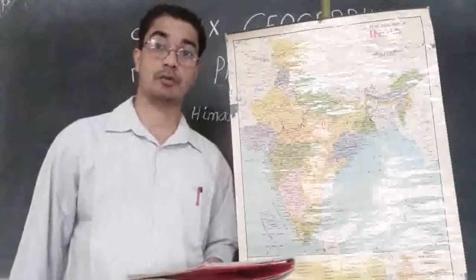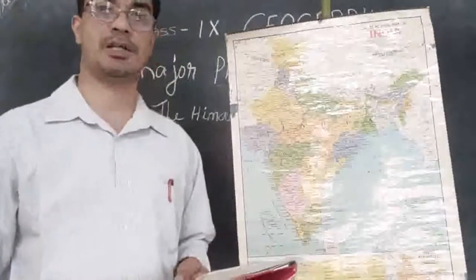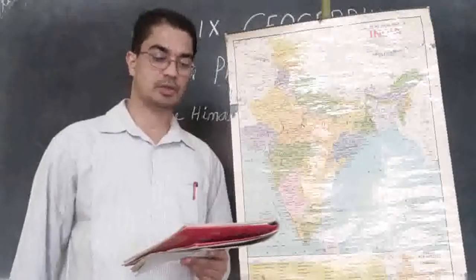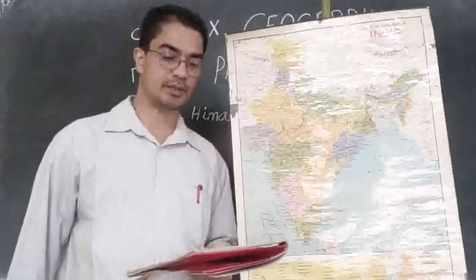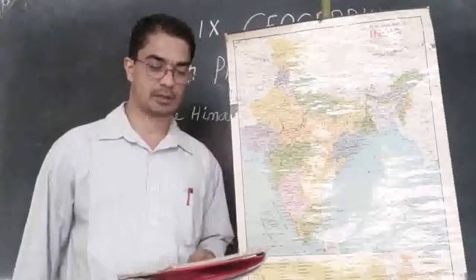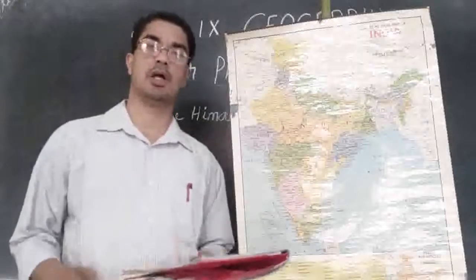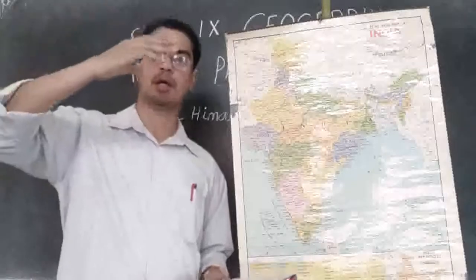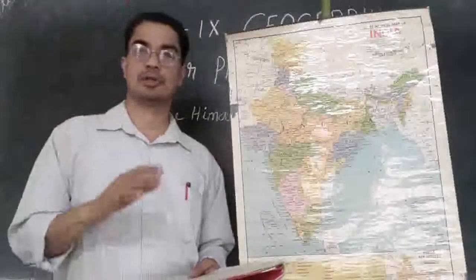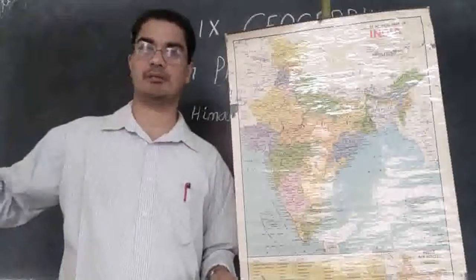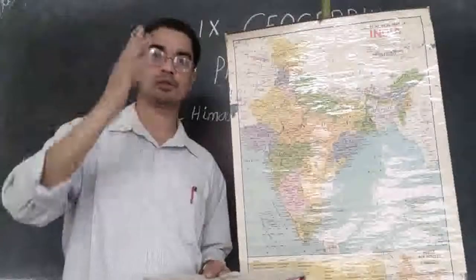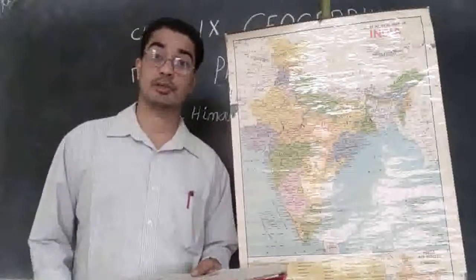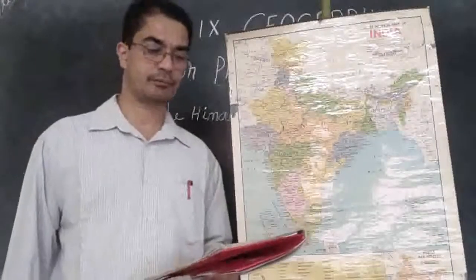So it is the highest mountain in the world, we can say. Then it is also one of the rugged mountain barriers of the world. What is the meaning of rugged? It is not level, it is up and down. Many small peaks and higher peaks are there. So these mountains are not going steadily. It is going up and down. That's why it's a very rugged mountain.